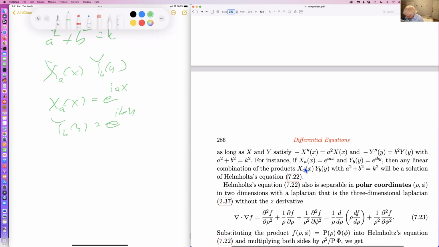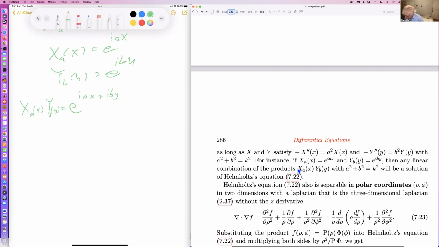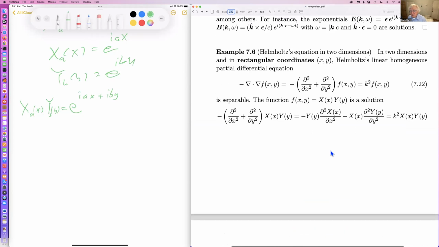Now the general solution of this homogeneous equation is e to the iax plus iby, that's x_a of x times y_b of y. And then one can take integrals or linear combinations of them that solve this equation, in other words, k squared.